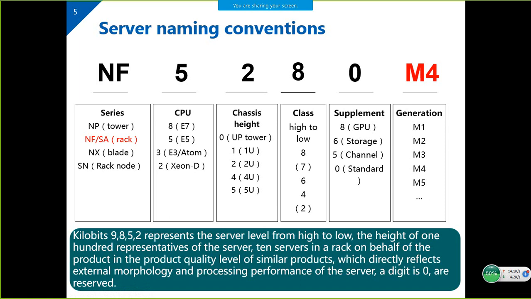Maybe in the examination you will see this number, or you should know the meaning of this number. It means the height of the rack server. And M4 means the generation. So far the current generation is M5, the newest. And for this project, the server should be M4 generation.